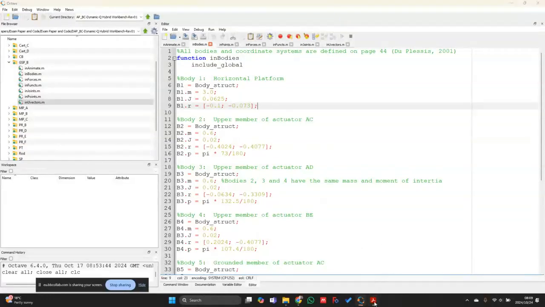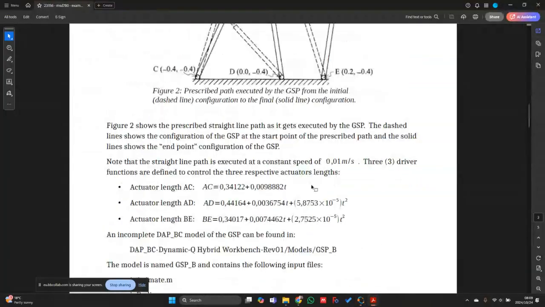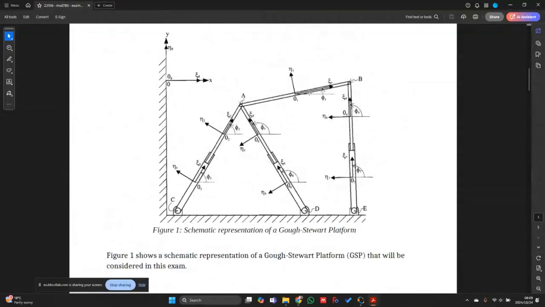Just to illustrate with the actuators what we do: you'll see we have the platform body, which is body 1, and then each actuator is broken up into two bodies. The top body ensures that there's a revolute joint between the platform body and the actuator, while the bottom body ensures that there's a connection between the actuator and the grounded revolute joint.